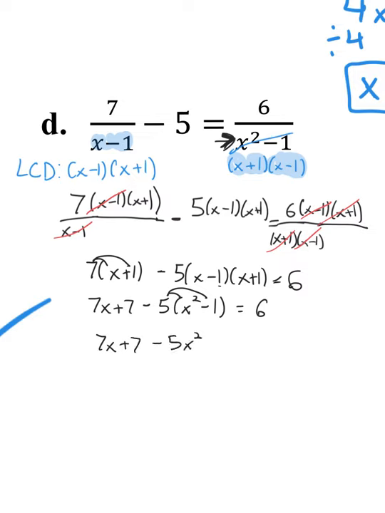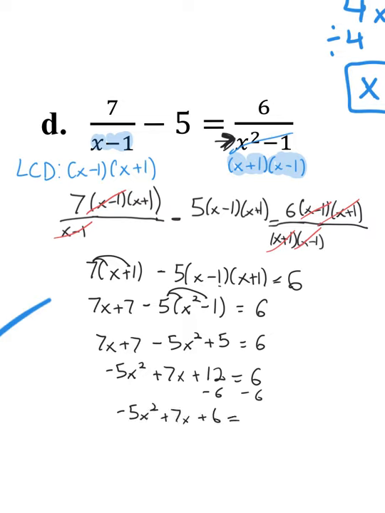So I get minus 5x squared plus 5 equals 6. And now I can go ahead and start combining like terms. I'll write the 5x squared first, plus 7x, and then 7 plus 5 is 12. And I'm going to subtract 6 from both sides. I get negative 5x squared plus 7x plus 6 equals 0.